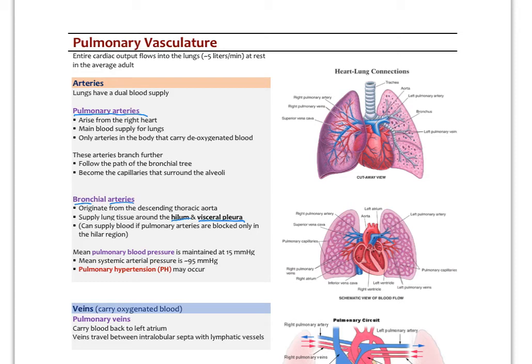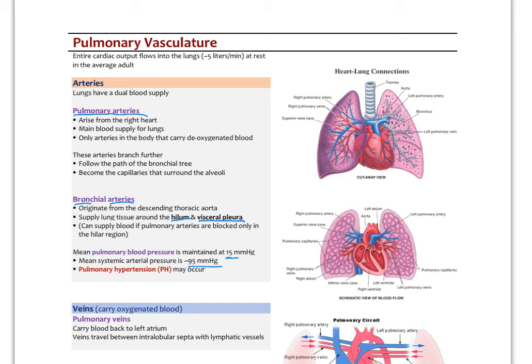Now, there is a blood pressure in the pulmonary tree, called the pulmonary blood pressure, and that's much lower than systemic pressure. The systemic arterial pressure is around 95 millimeters of mercury. In the pulmonary system, it's only 15.